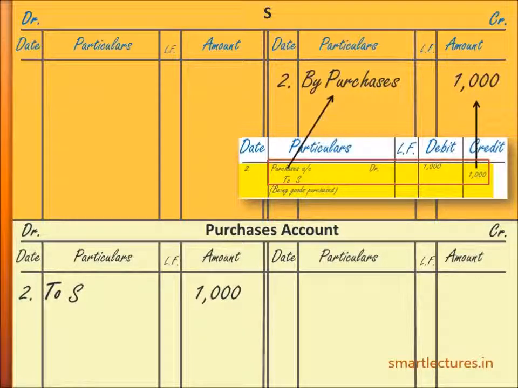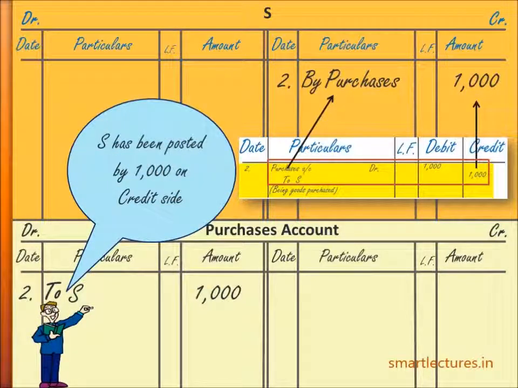So it means S has been credited by rupees 1,000 because 1,000 has been written on the credit side of S. Or we can say S has been posted by rupees 1,000 on credit.